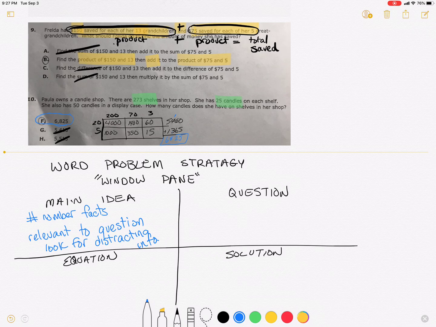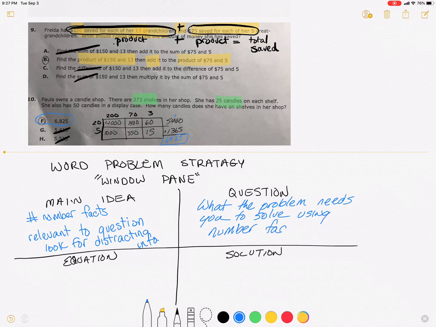Your question is what the problem needs you to solve using number facts.